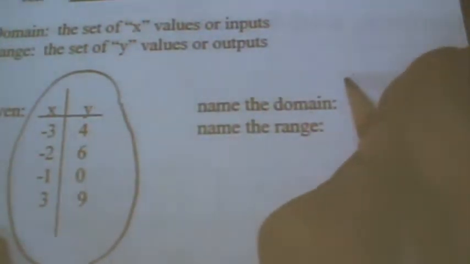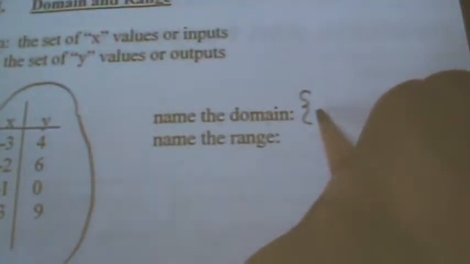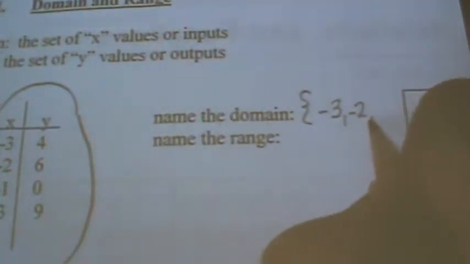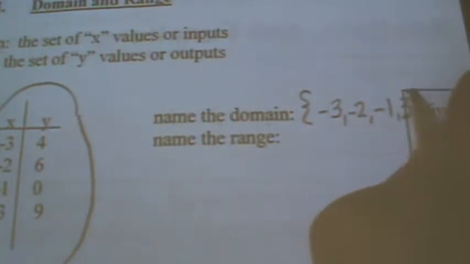This is all review. I'm going to give you a hint: set. How do you list the domain? The domain is the x values or inputs: -3, -2, -1, and 3.